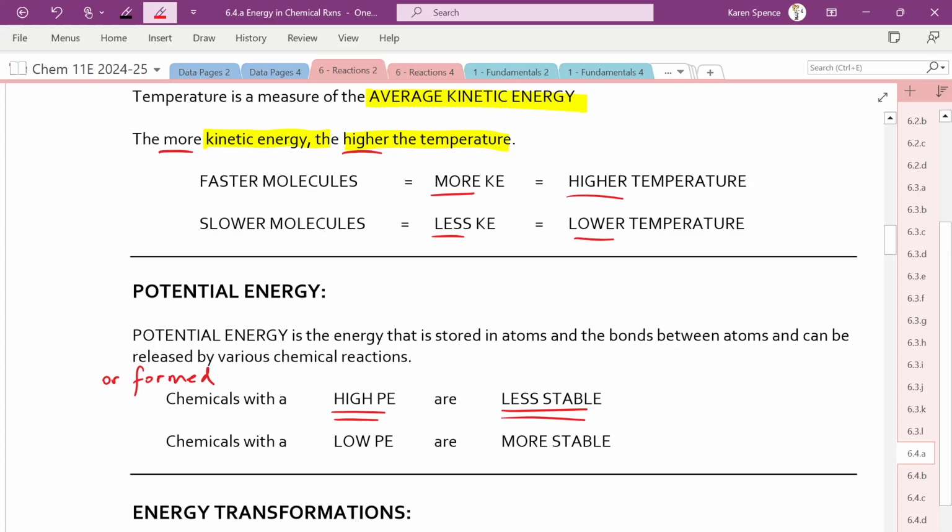So, if you think about a ball at the top of a hill, that is less stable than a ball at the bottom of the hill.